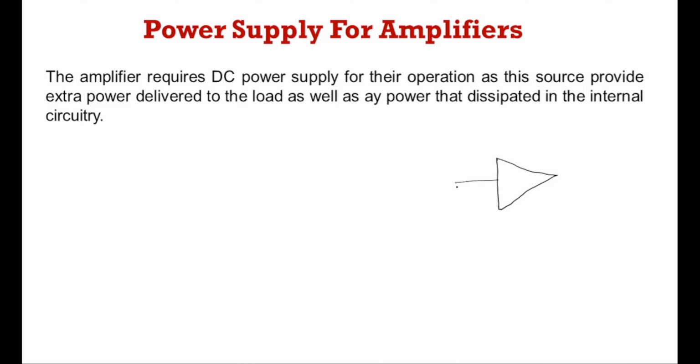This is the amplifier. This is the signal source. This is the ground terminal. This is the load resistor, which is connected to the output terminal, and this is the positive power supply, and this is the negative power supply.